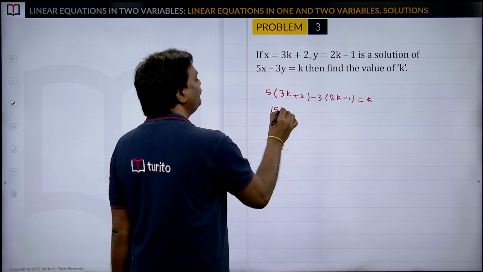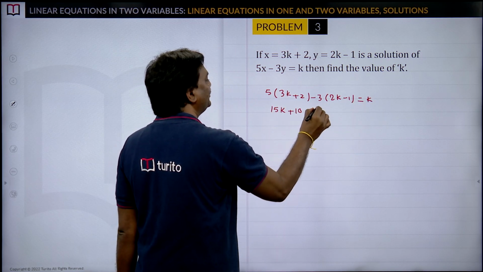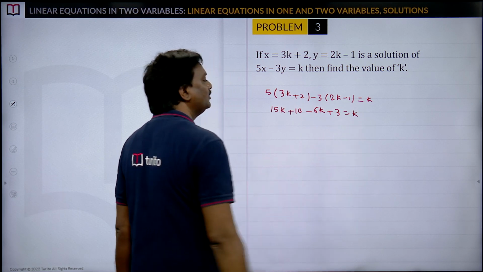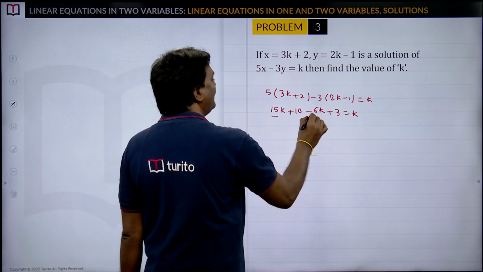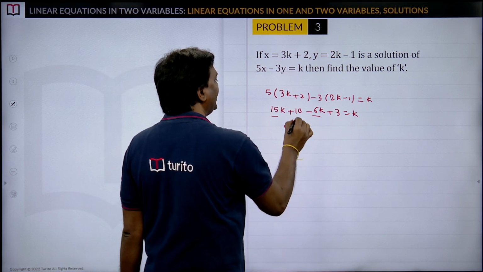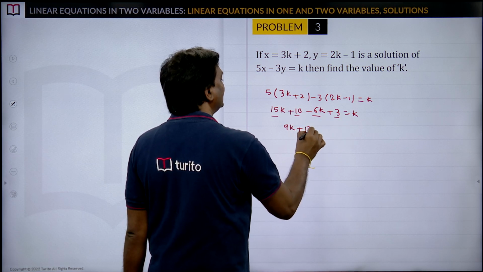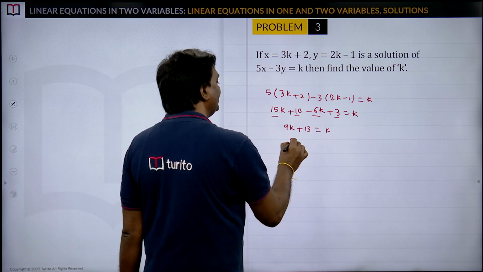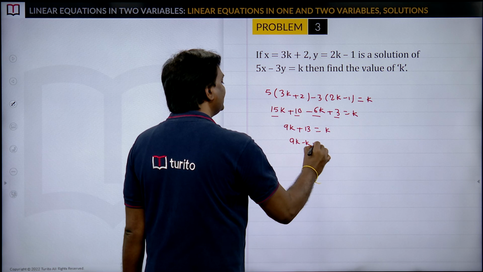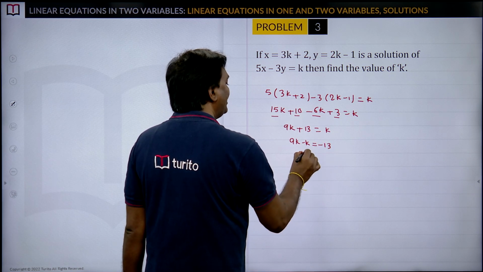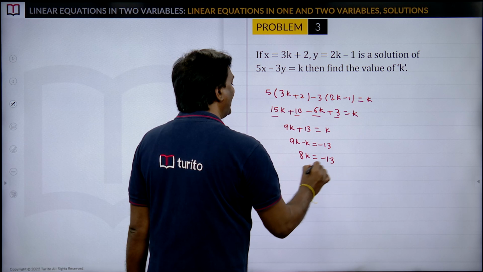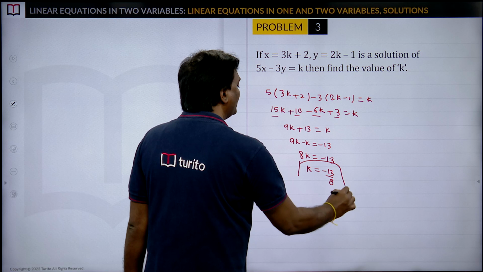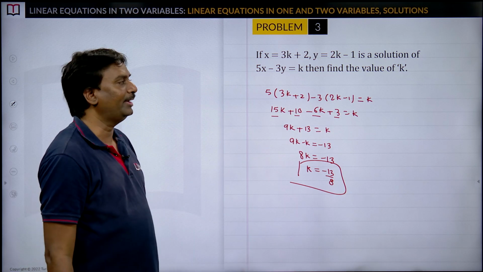So, 5 into 3 is 15k plus 5 twos are 10, minus 3 twos are 6k, minus 3 into minus 1 plus 3 equal to k, where 15k minus 6k is 9k, 10 plus 3 is 13, equal to k. If you take k to this side and 13 to that side, you will get 9k minus k equal to minus 13. 9k minus k is 8k equal to minus 13. By dividing on both sides by 8, we got k equal to minus 13 by 8.